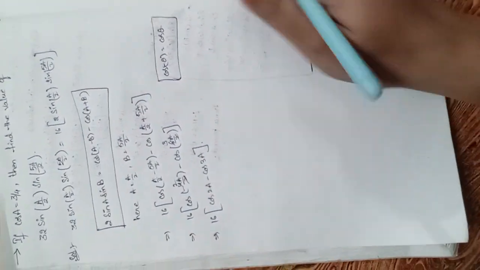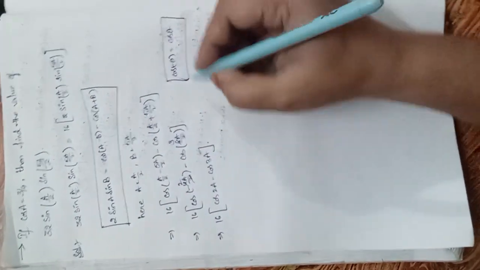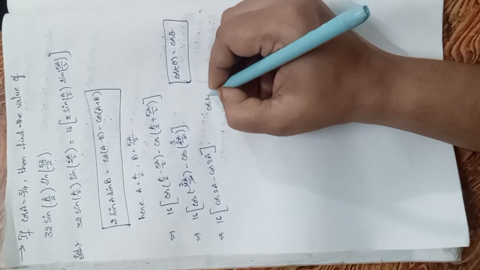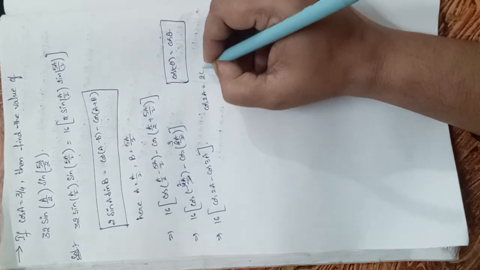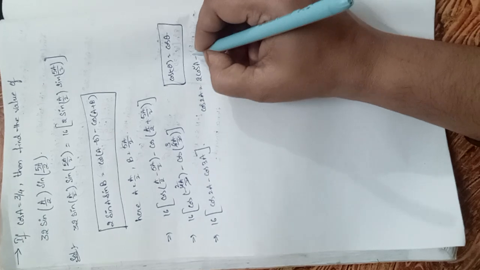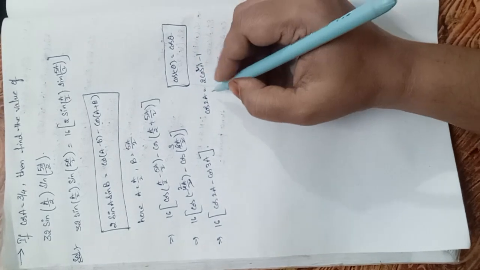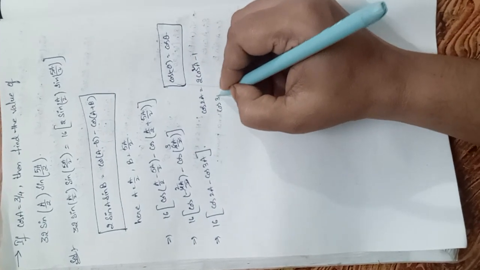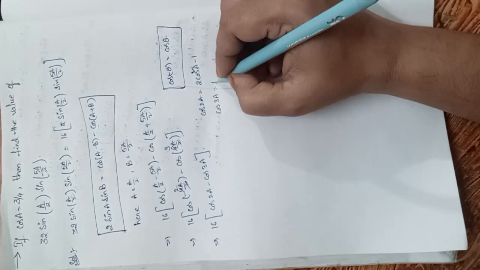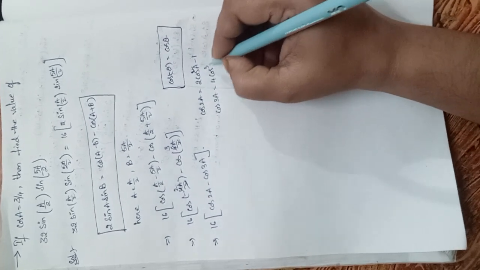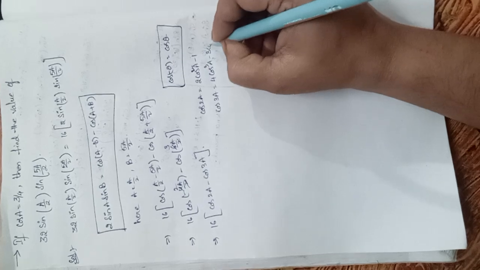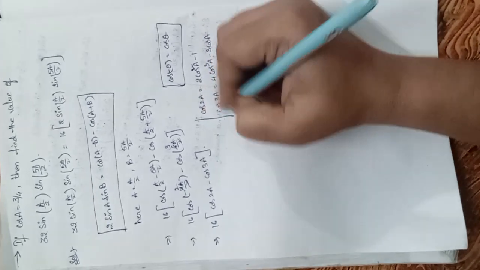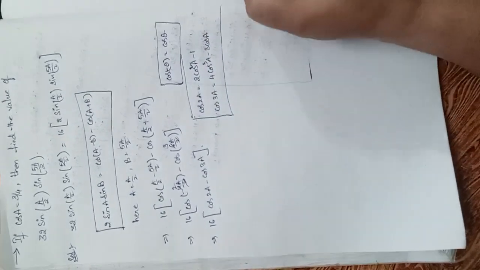Here there are formulas for these two terms. Cos 2A equals 2 cos square A minus 1, and cos 3A equals 4 cos cube A minus 3 cos A. These are the two formulas.